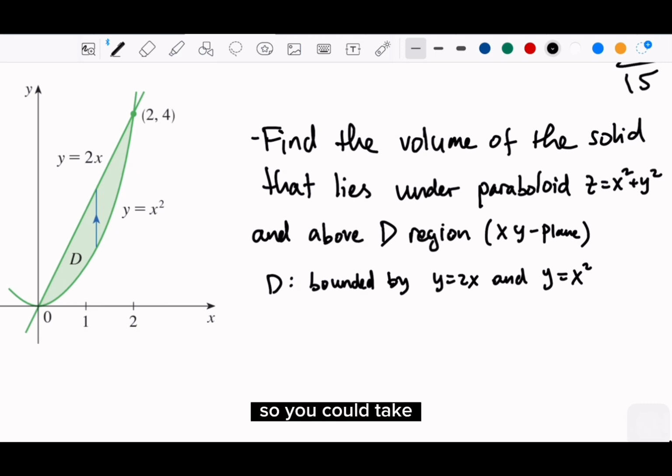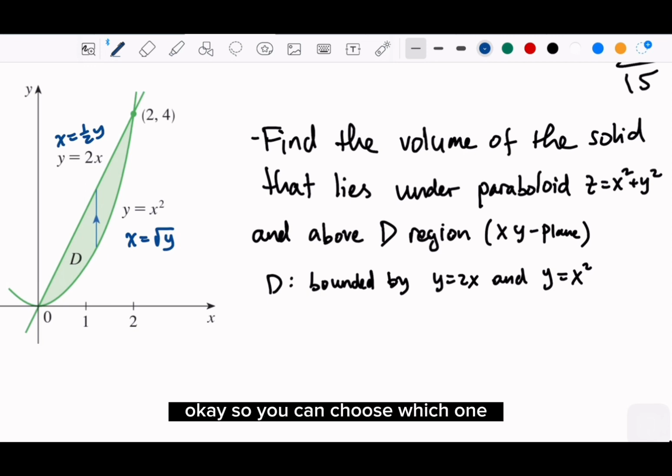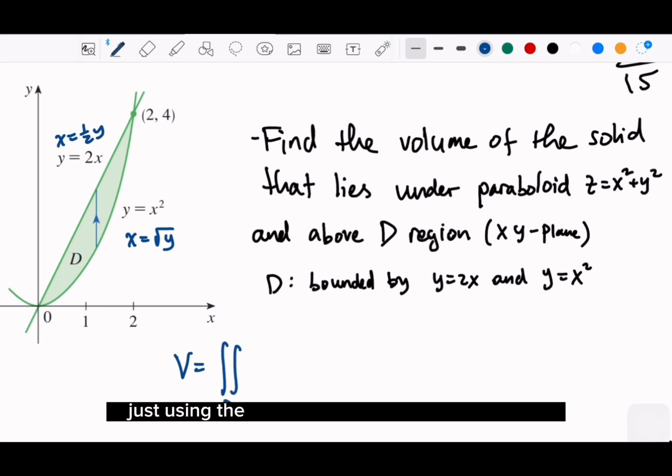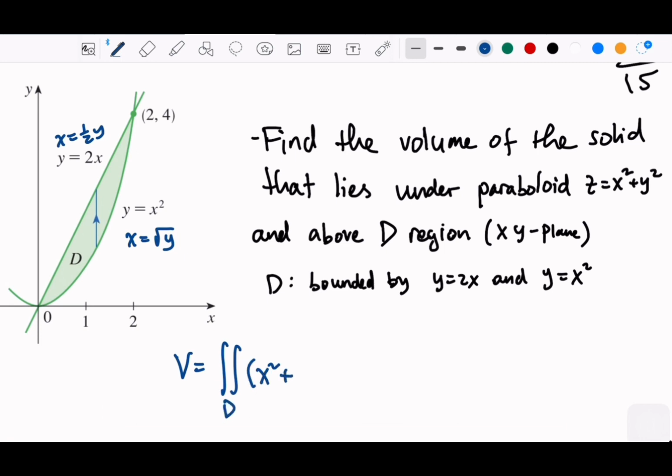So you could take x equal half y. So you can choose which one. In case you choose just the original one, using the function of x, then let me write.